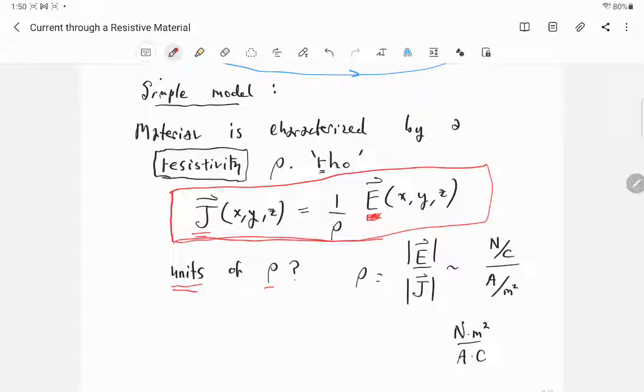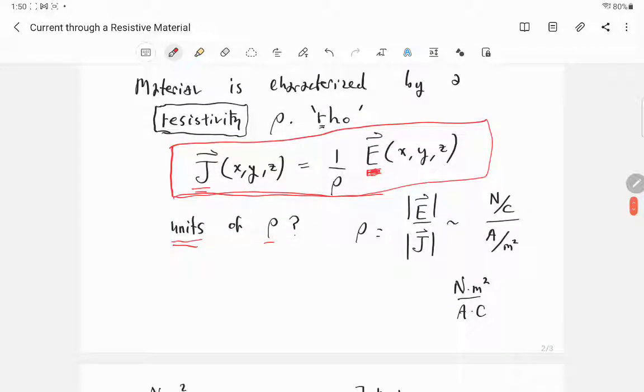I divided the scalars. So the scalars have the units. So the scalar E, electric field, is force per charge. So newtons per coulomb is the SI unit. And J, current density, is not current per volume, it's current per area, right? Current, SI unit, is the ampere, and area, SI unit, is the meter squared.